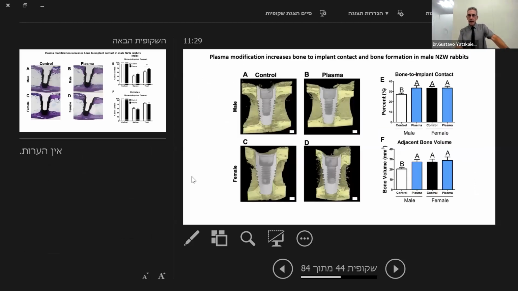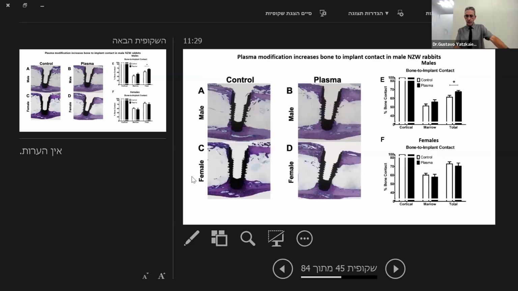Here we can see the work of the group in the micro-CT. We can see in the upper graph that the BIC was increased, or was better, in males than in females; in females it also increased, but less than in males. Also the bone volume grew in males more than in females, compared with the control, of course.